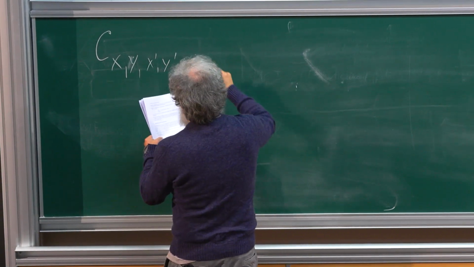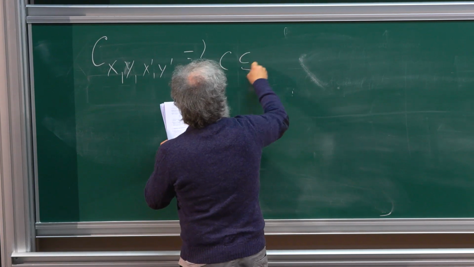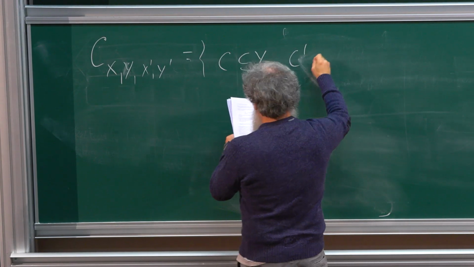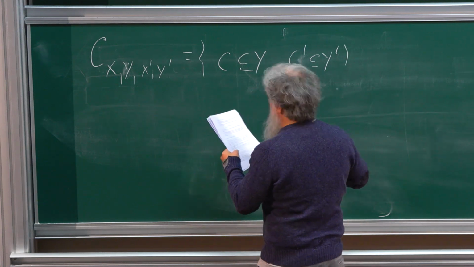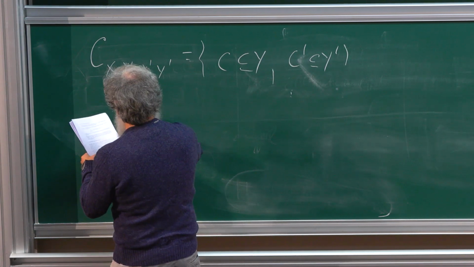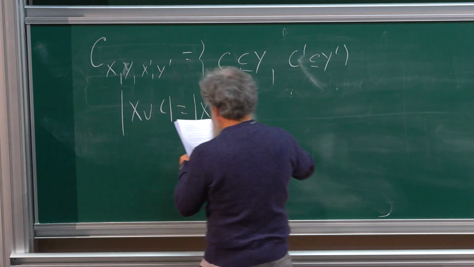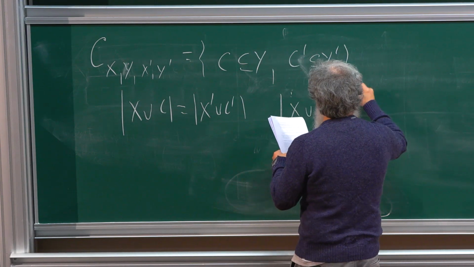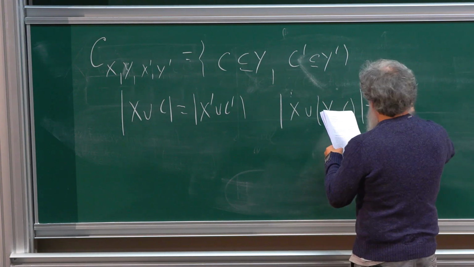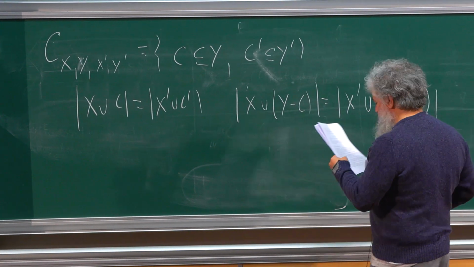It consists of all C which is a subset of Y, C prime is a subset of Y prime, such that the following condition holds: the union of X with C is equal to the union of X prime with C prime, and the union of X with the complement to C is equal to X prime union the complement to C prime.